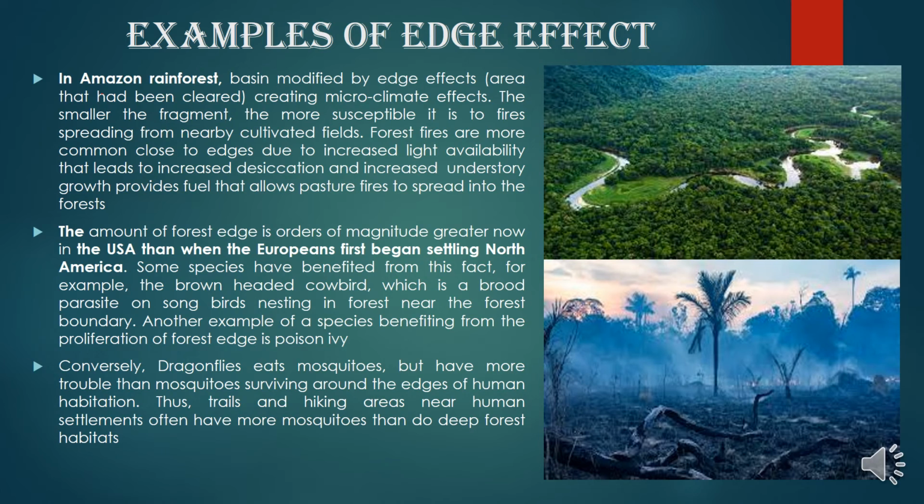Before the European settlers first settled, there was much higher vegetation, and now, as a result of altered land use patterns, there is a greater amount of area under this ecotone, which has created a pronounced edge effect. There has been a reduction in the number of specialist species, and there has been endangerment of a wide variety of species.